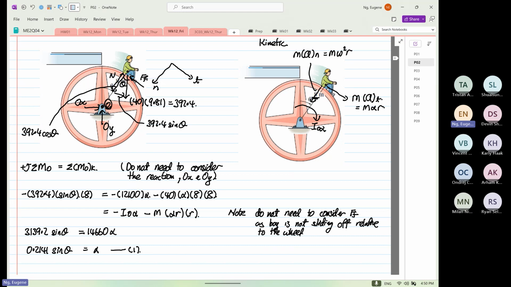We need to know how much force is required to rotate the wheel. When the wheel is rotating, it is not necessary that the boy will fall off or slip, yes or no? Until it reaches a certain angle, theta, then the boy will start to slip. So that's why I found this question very, very distracting.